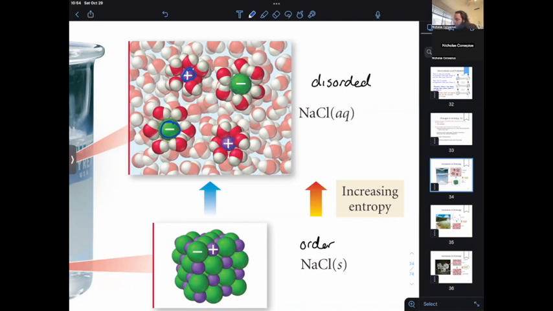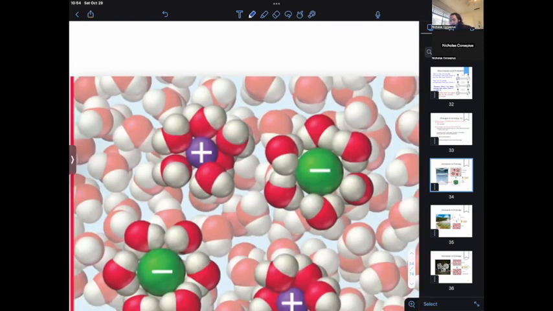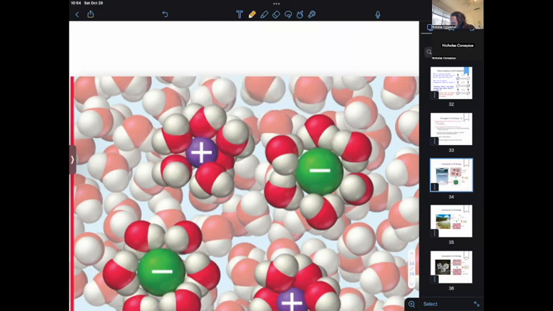However, there's another component to a solution, and that's what happens to the solvent. When this positively charged ion dissociates, it attracts a bunch of water molecules to it, because water's polar, so it's got a dipole moment. The partially negative end of that water molecule is going to interact with that positively charged ion.